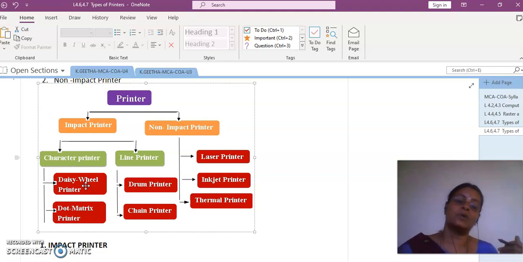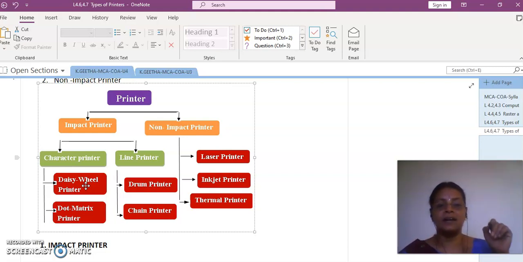The next category is the dot matrix printer, where we have the dots arranged in the form of a matrix of rows and columns, and whichever dots have to be highlighted to print an image will be identified, and the dot matrix printer will project those dots alone from the head to give an impact on the paper.